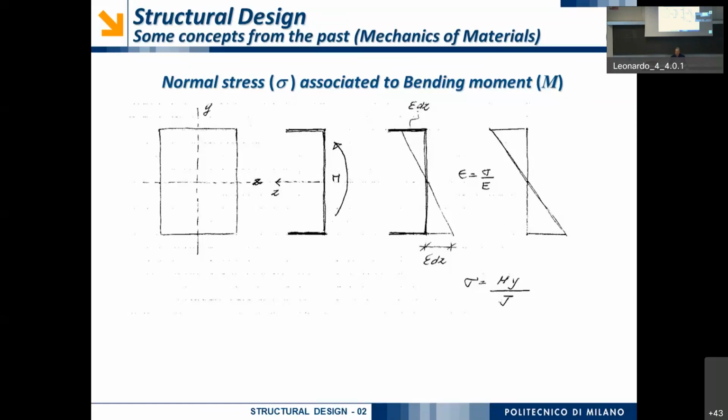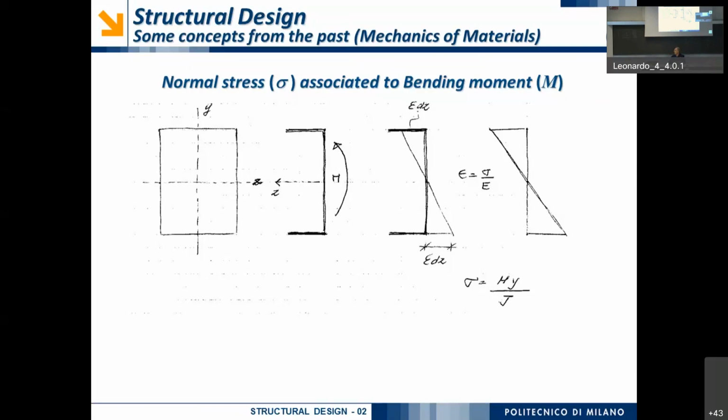So, before I asked you to think to what happens in a cross-section subjected to an axial force, as the cross-section is made by individual fibers, okay?